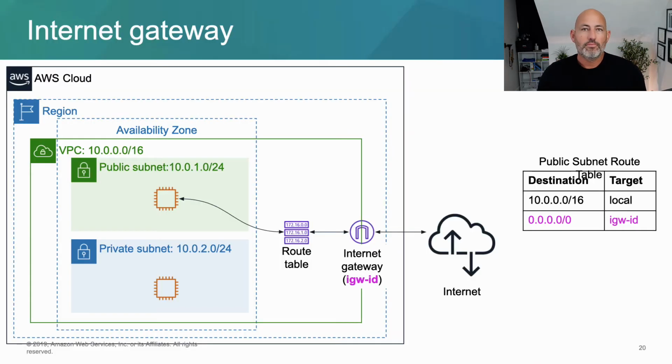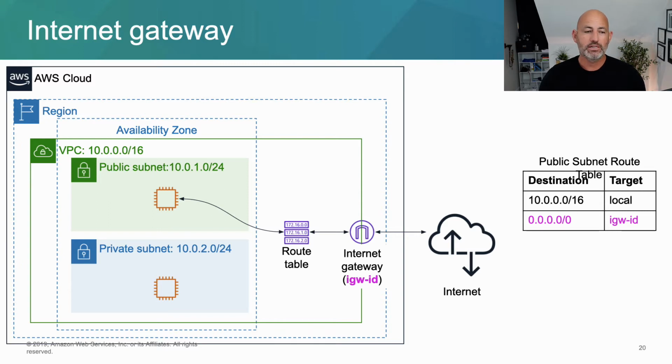Let's talk a little bit more about the VPC networking. An internet gateway is a scalable, redundant, and highly available VPC component that allows communication between an instance in your VPC and the actual internet. An internet gateway serves two purposes.